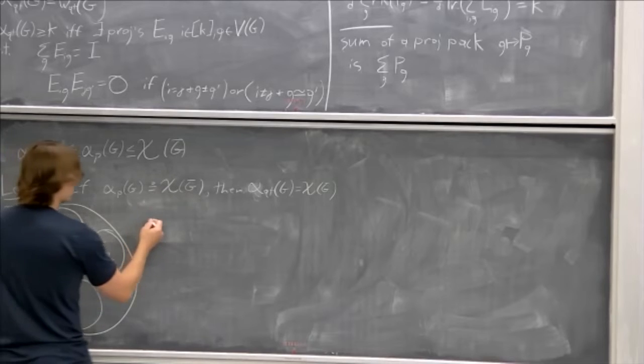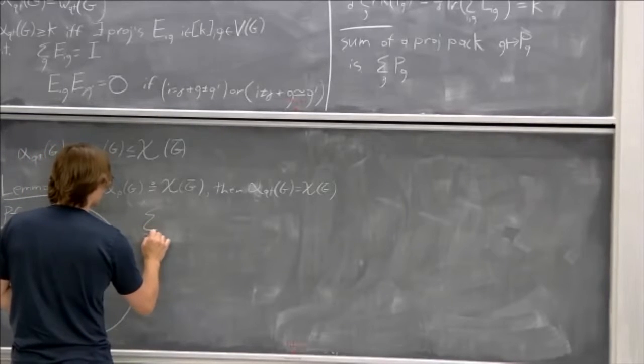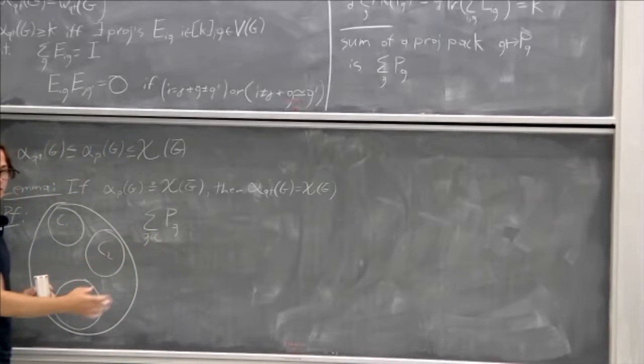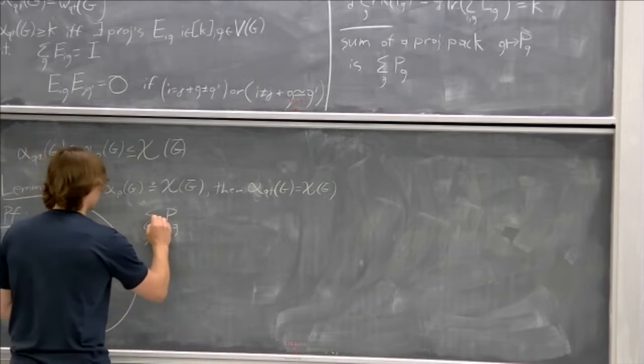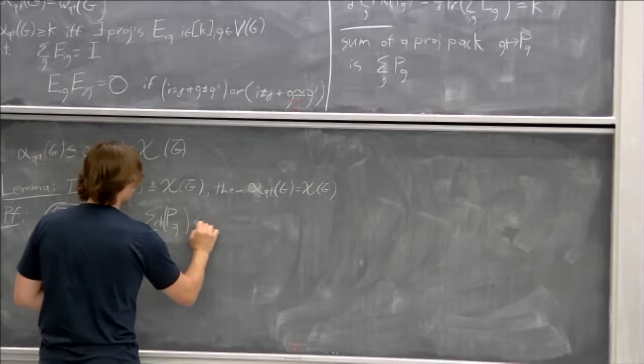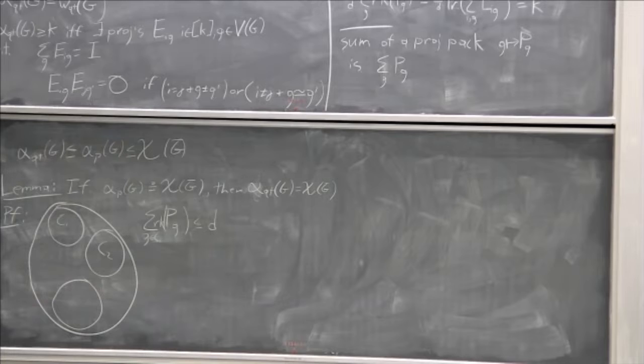So if I have some projective packing and I sum up over the vertices in C sub i, this is going to be some projection, at most identity in positive semi-definite order. In particular, if I take the rank, it is less than or equal to D, where D is the dimension of the projections I'm using.